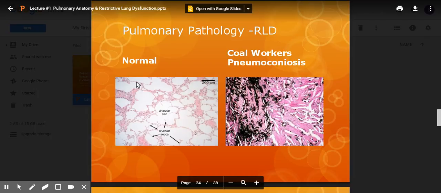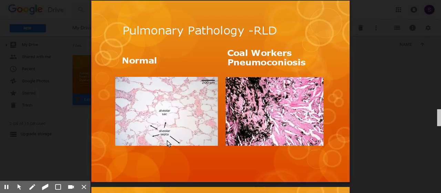So again, you're looking at normal lung tissue as a reference, and you've got those nice alveolar spaces for air exchange, and you've got tissue surrounding that.